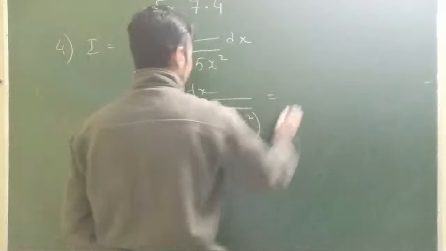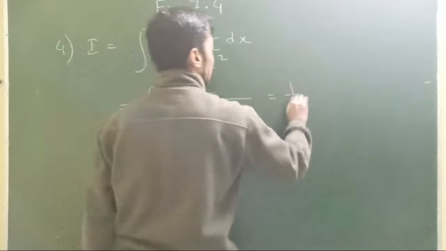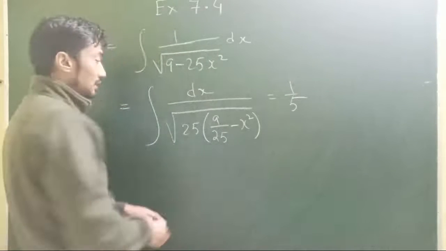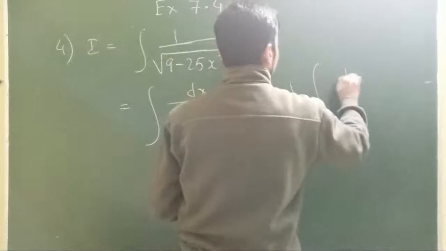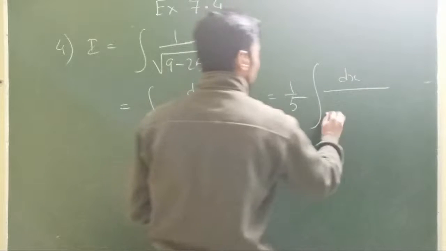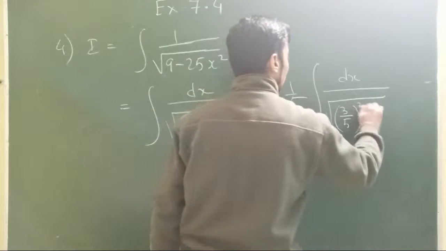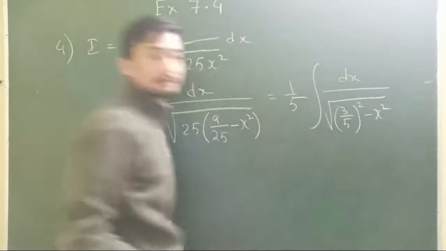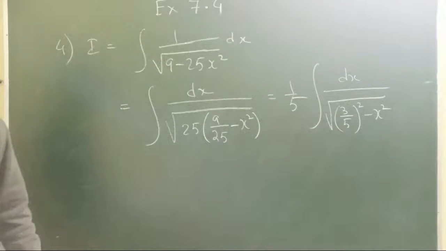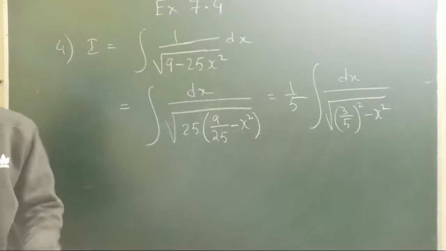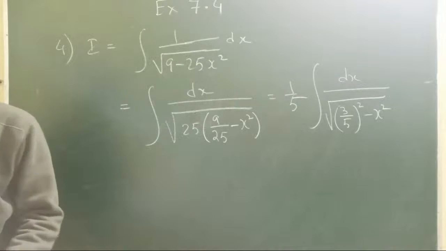So that will be square root of 25, that is 5, that we can take out. Dx, this will be root over of 9 by 25, that is 3 by 5 whole square minus x square. And then you know the formula for that, root over of a square minus x square.